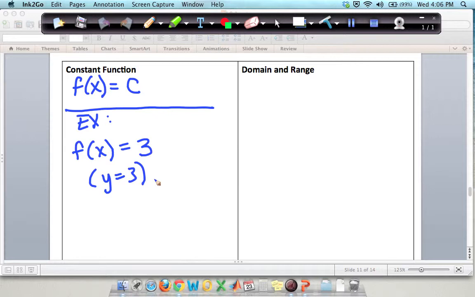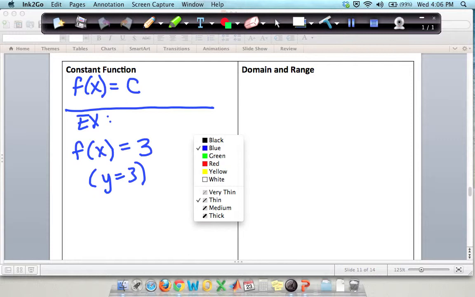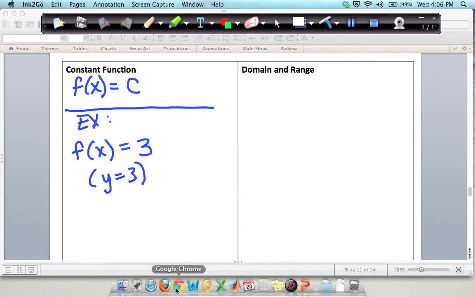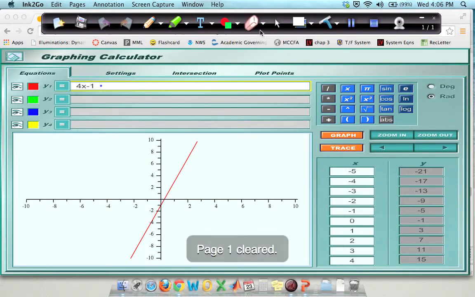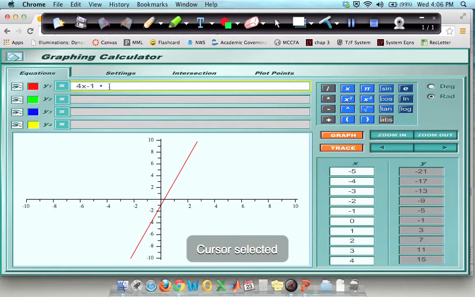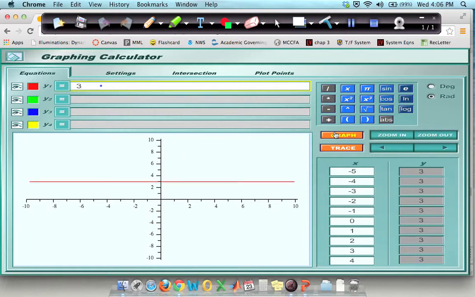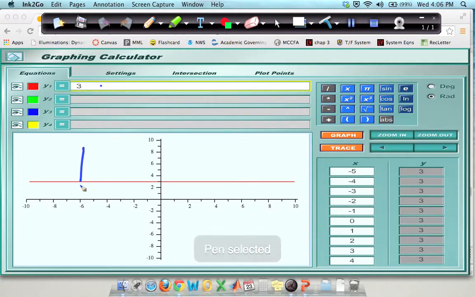Okay, and it's a good reminder that a horizontal line, first let's graph this, and I'll show you something else. So let's graph this. Y equals 3. So I'm going to erase that, and I'll put that back up in a minute. Okay, so when we graph this, we get a horizontal line going through y value of 3. So every y value is 3. And you can tell this is a function because if I did the vertical line test, it only hits once, right?